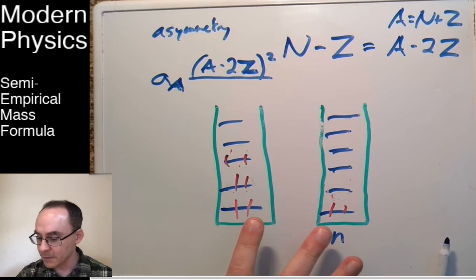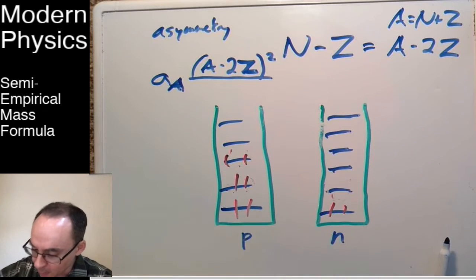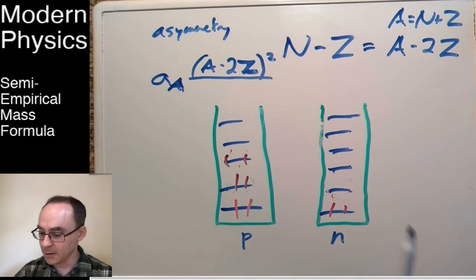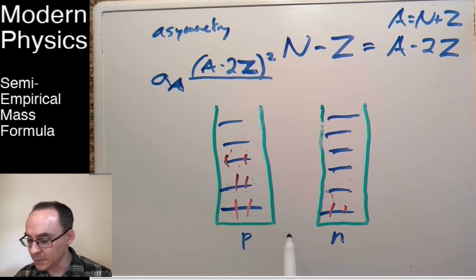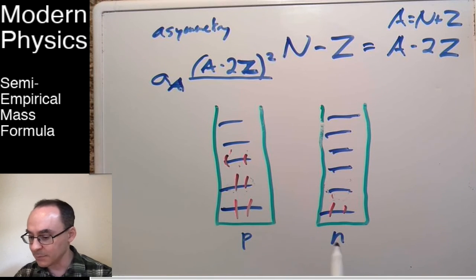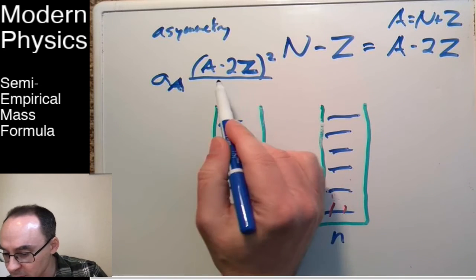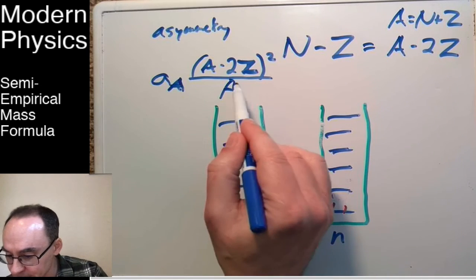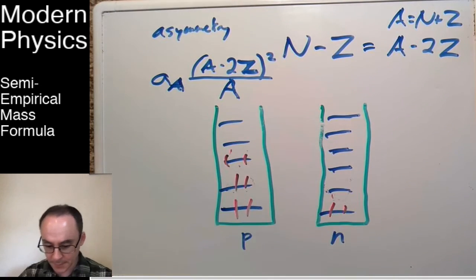This is a much bigger deal than if you had another 80 particles down here, where the difference might be 84 protons versus 80 neutrons. That's less of a big deal. So there's just this divided by A, the total number of particles. And that's the asymmetry term.